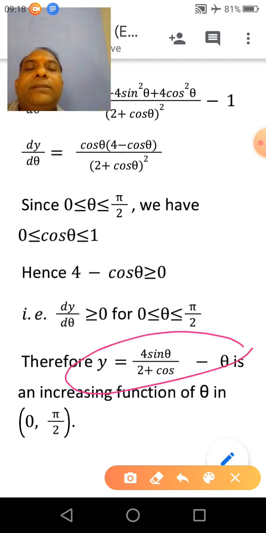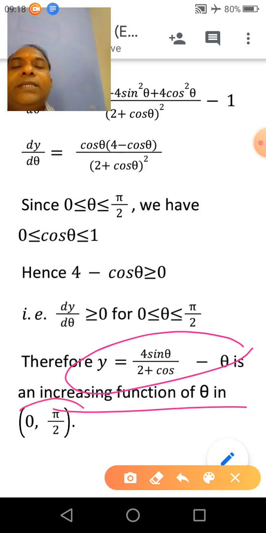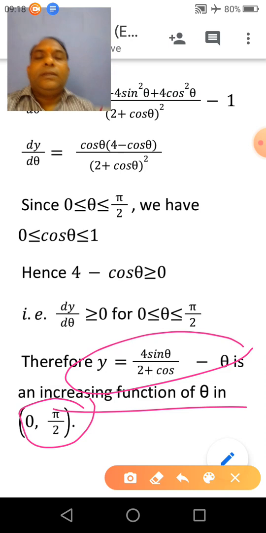So we can say that the function is an increasing function of theta in the open interval 0 to pi by 2. Clear?